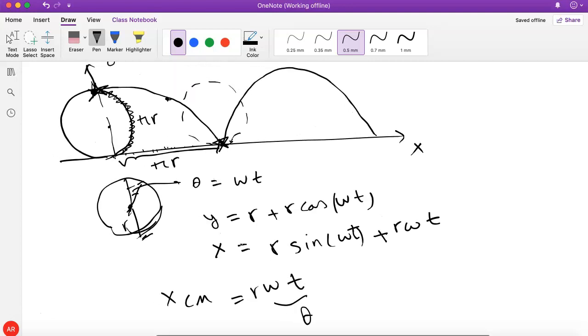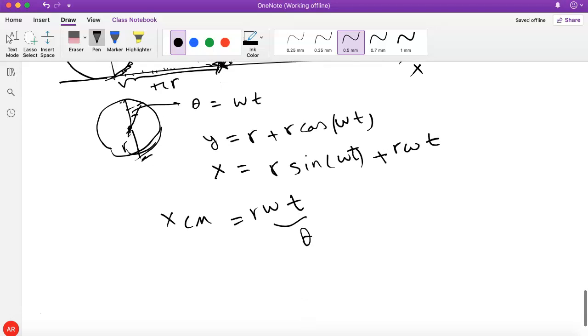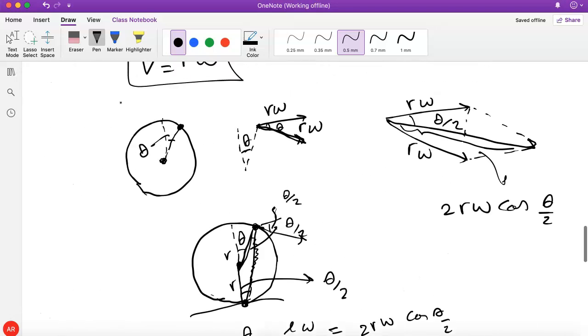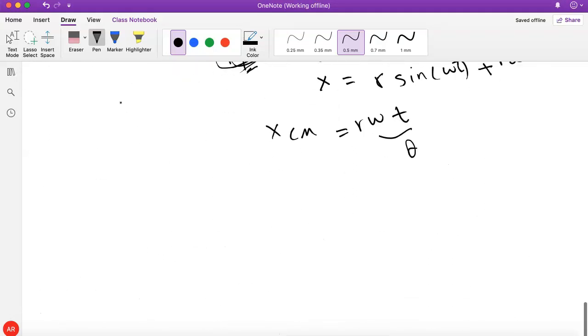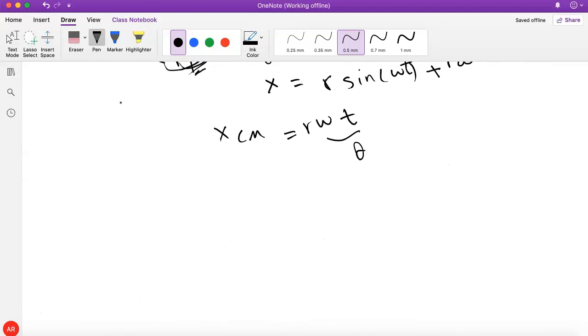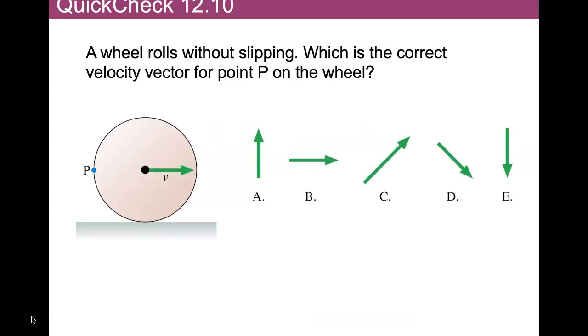And this ties in with the picture of the perimeter of the circle unwinding on the flat surface where the disk is rolling. So we have multiple ways to think about rolling without slipping.